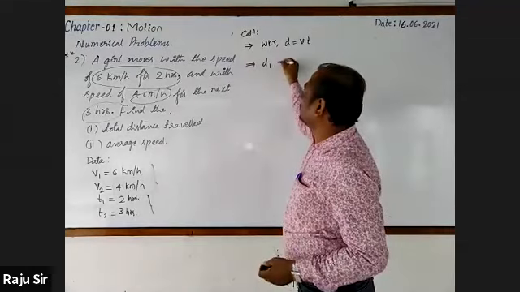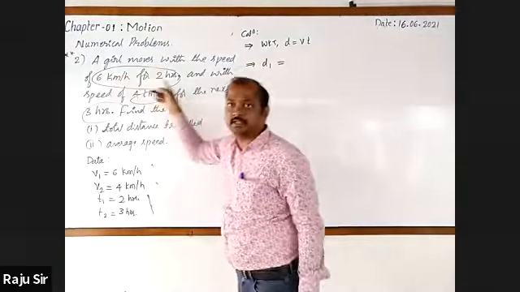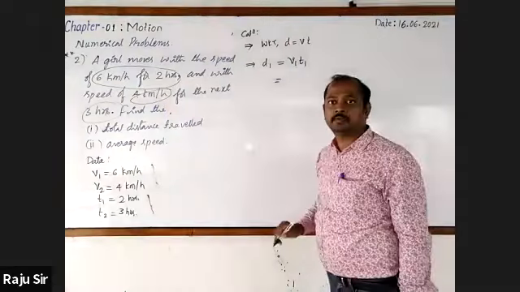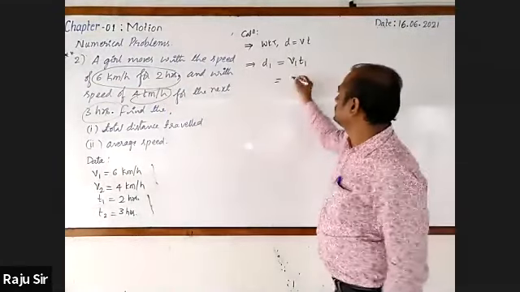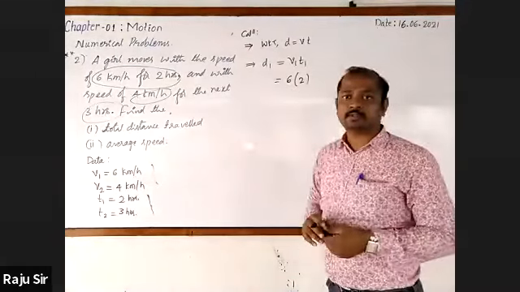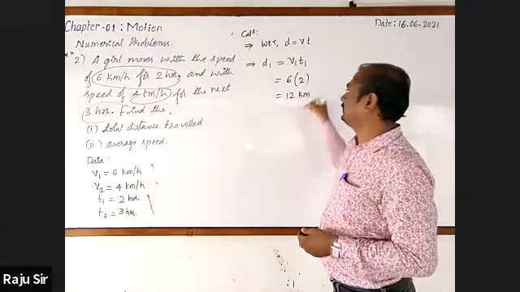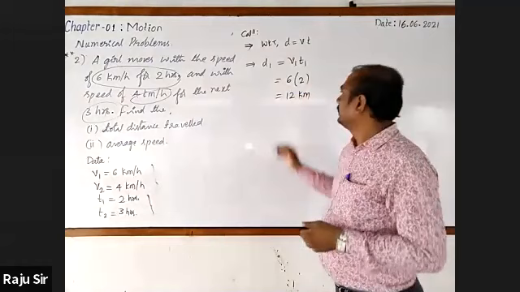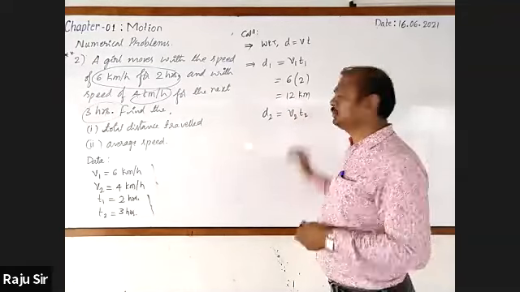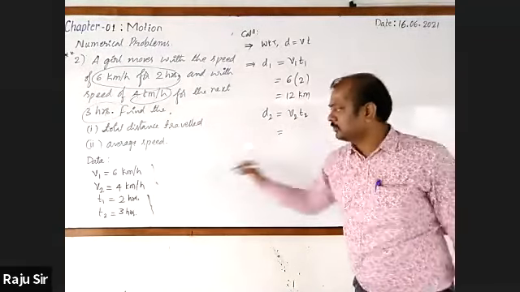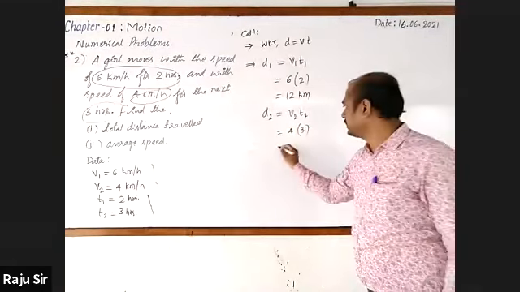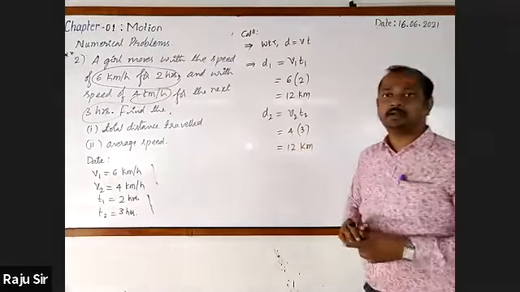First distance, that is distance covered by the girl in first case. d1 is equal to v1 into t1, where v1 is 6 km/h and t1 is 2 hours. It is equal to 12 km. Next, d2 is v2 t2, where v2 is 4 km/h and time is 3 hours. 4 3s are 12 km.